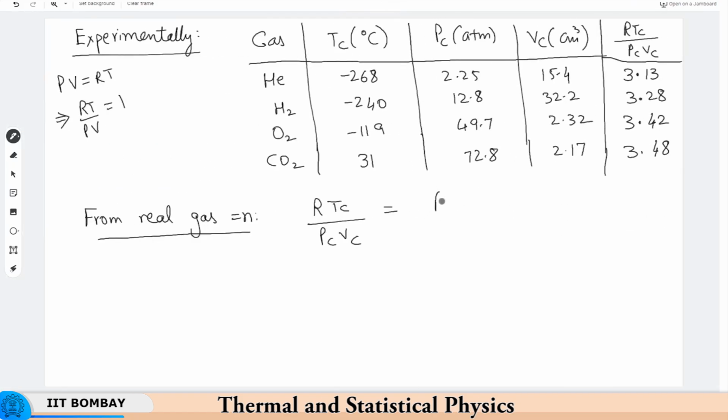So R times 8A divided by 27 times BR divided by 9 by A by, this is A by 27B squared times 3B, right?